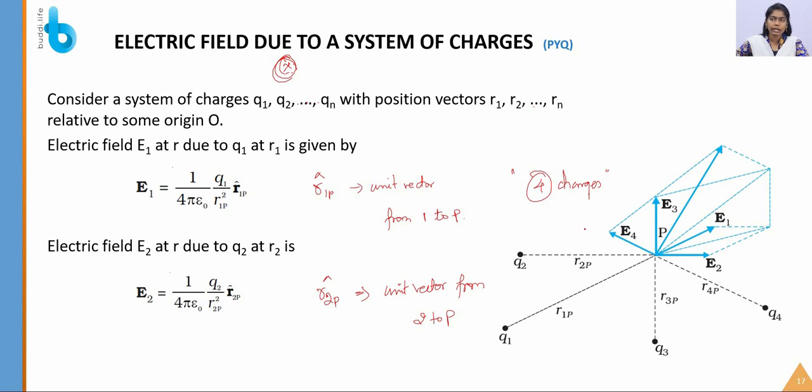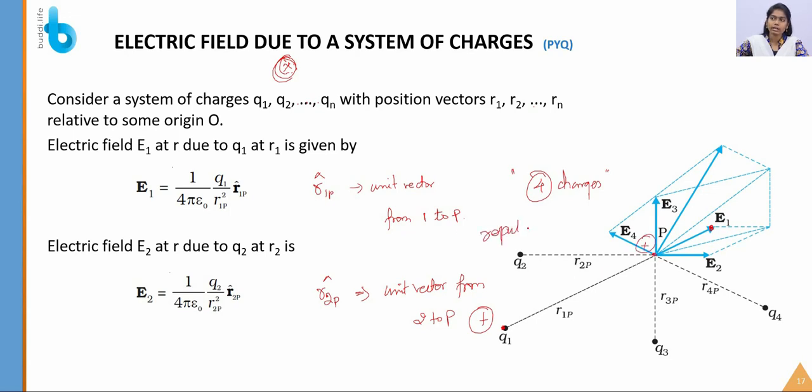Say the electric field E1 at R due to Q1 at R1 is given by, for example, I am taking E1 here and Q1. Where is Q1? Yes, here. I am taking a source charge which is positive, right? So what is the resultant here?